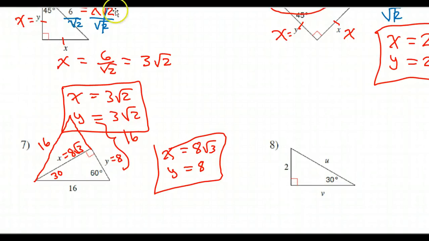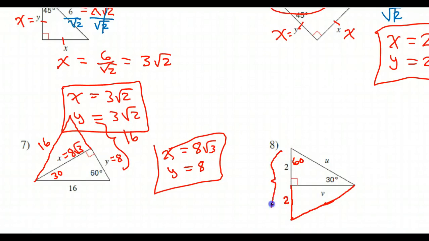Looking at number 8. This is the 30, so that means this is the 60. In my mind, I always picture the other half of the equilateral triangle. So this is the equilateral triangle right here. This is 2 right here.